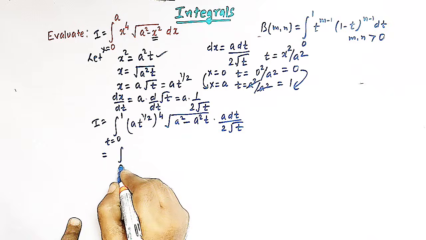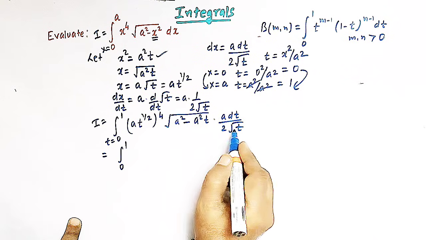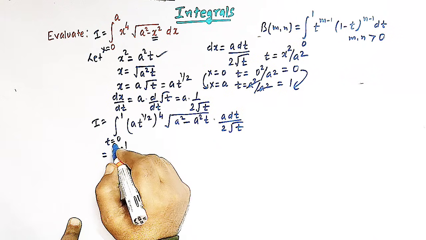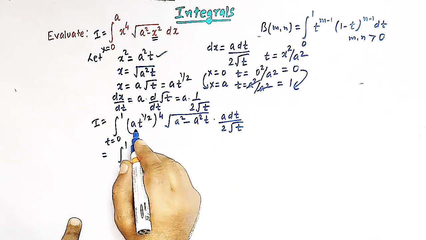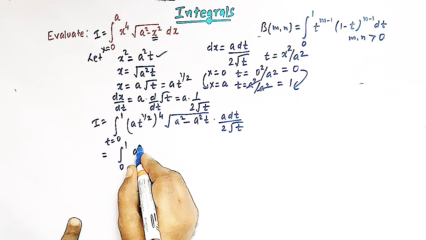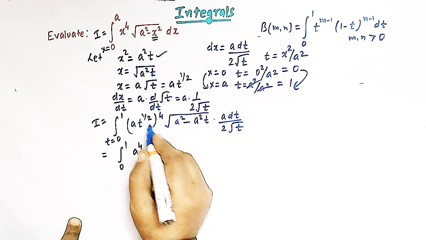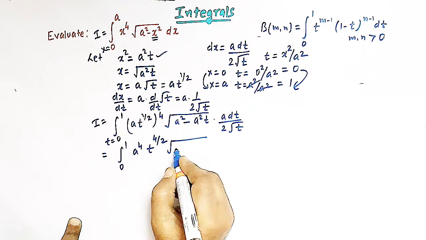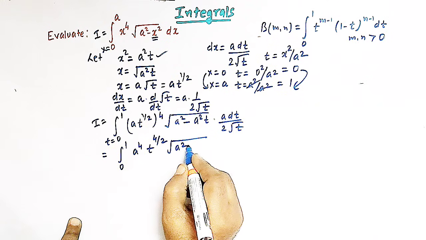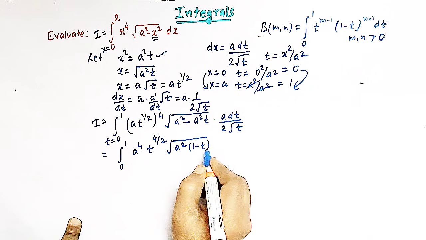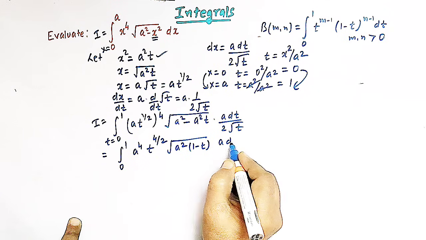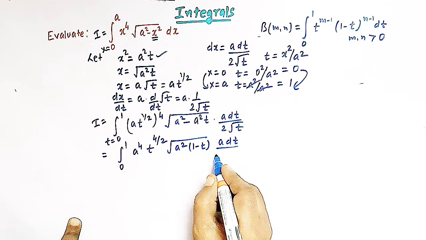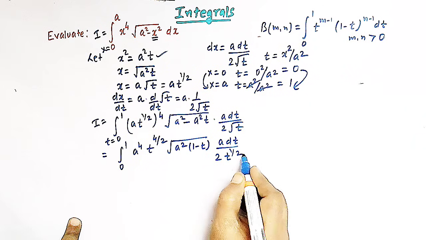Now let us simplify this expression inside the integral. We have a raised to 4, then t raised to 4 over 2, and here we can take a square common, so we have 1 minus t, and a dt over 2 times t raised to half.